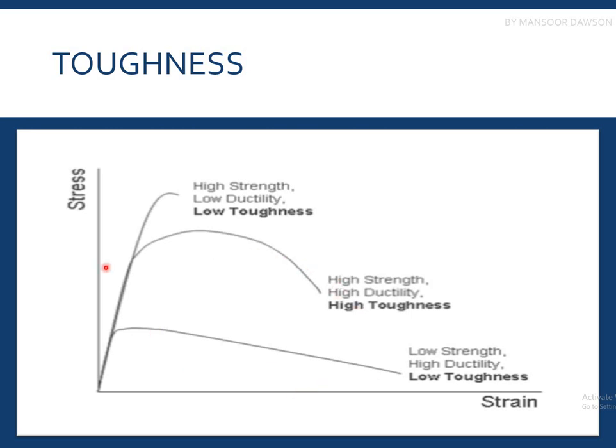But at optimum ductility, we can get a higher strength and a good toughness. If we lower the ductility, we can get a very high strength, but with a very low strain. So for a very high strength, the ductility would be very low, and it would also have a very low toughness.